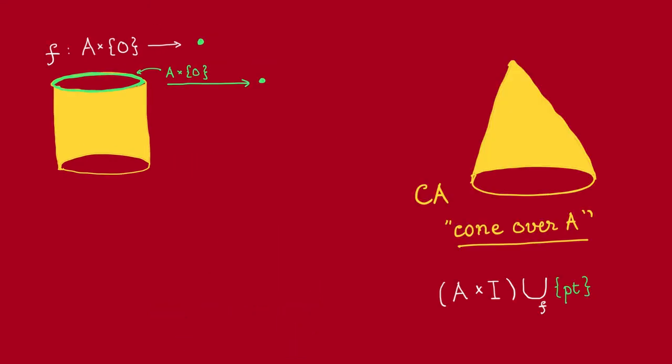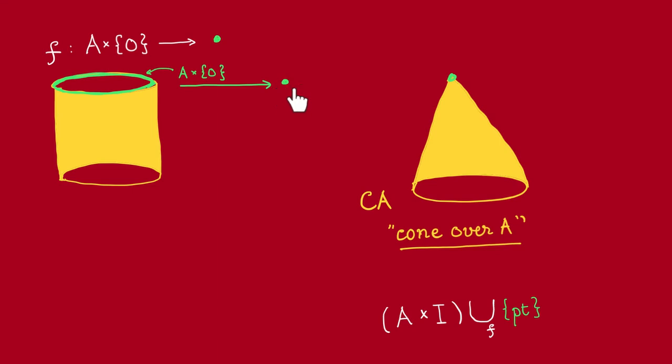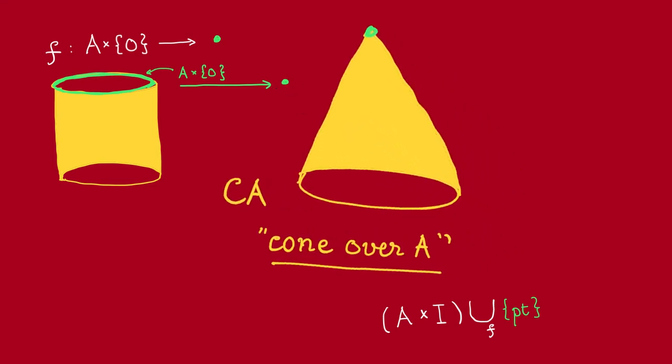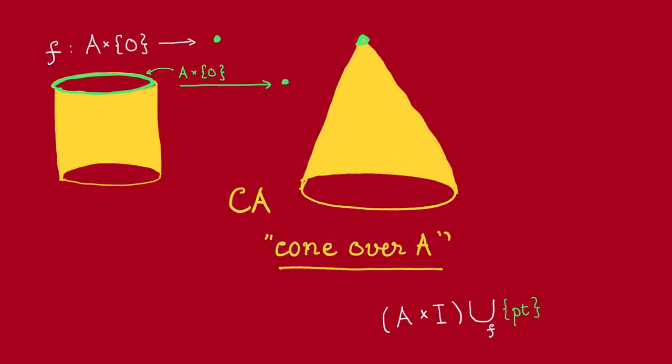That is the space we could obtain by gluing the cylinder over A here with a point along this map that squished this whole top, this whole copy of A to the point. When this circle is squished to a point, the cylinder becomes a cone called the cone over A.